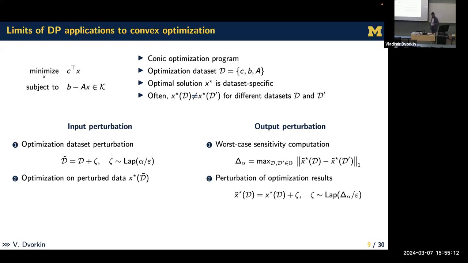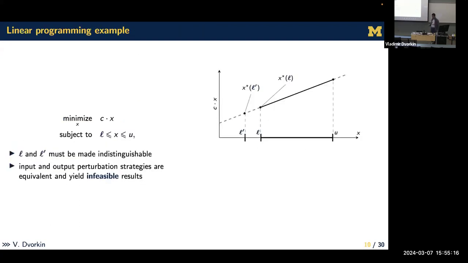The problem is that using either of the strategies, they don't guarantee feasibility in cases when we need it. To illustrate this, consider a simple linear programming example where we minimize a linear cost function subject to this interval constraint. The optimal solution to this problem will always disclose the lower bound. Let's take it as a private bound.